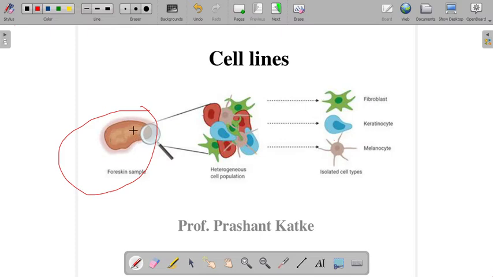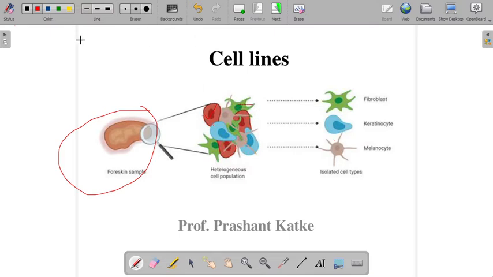And suppose that tissue is embedded with multiple or different types of cells which are present and performing a single function. So if we extract some part of the tissue, we can find that there are different types of cells, like the red one is different, the blue one is different, then this one is different.